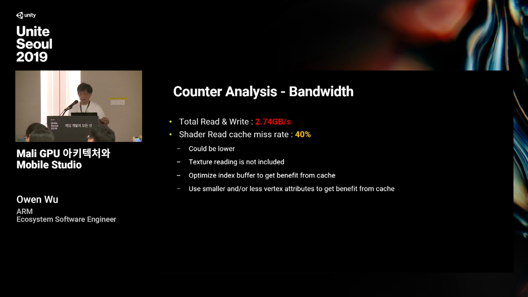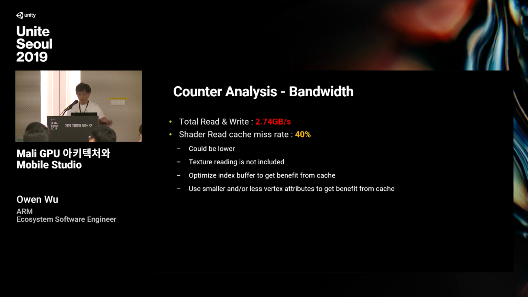The other one is the shader read cache miss rate, which is about 40%. This number doesn't include texture reading. If you want to lower this number, you can optimize the index buffer to get benefit from cache, or you can also use a smaller vertex data buffer to get benefit from cache too.